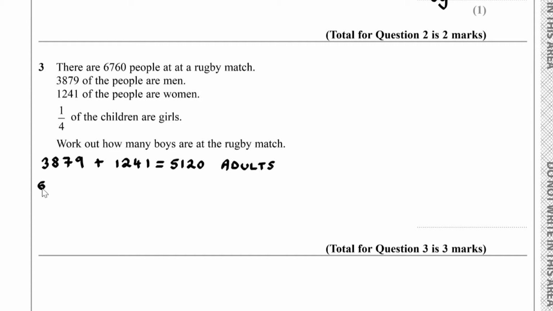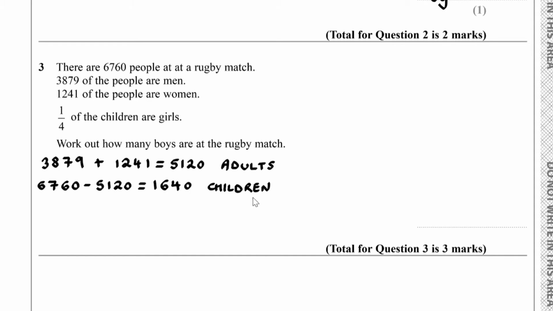We can now find out the number of children. We've got 6,760 people altogether. Subtract the number of adults, 5,120, and it turns out there's 1,640 children.